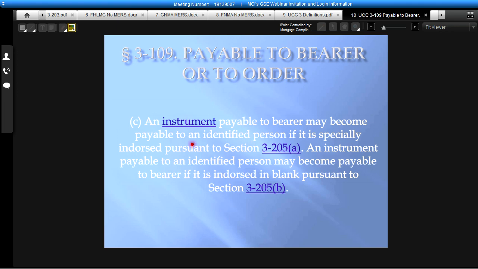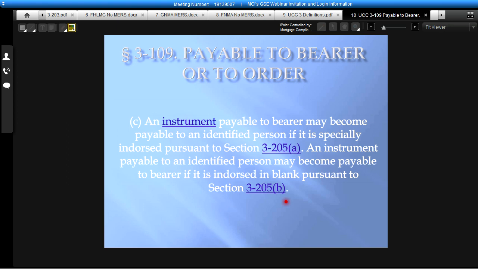An instrument payable to an identified person may become payable to bearer if it is endorsed in blank pursuant to section 3205B. Again, what is an endorsement in blank? An endorsement in blank is when you sign your name to the payee line. A payee line with an unnamed payee is not a blank endorsement.